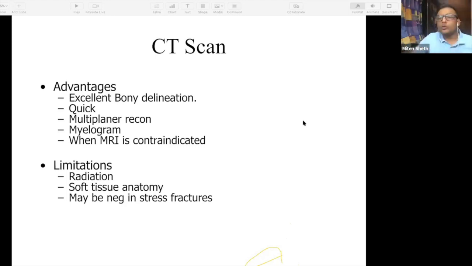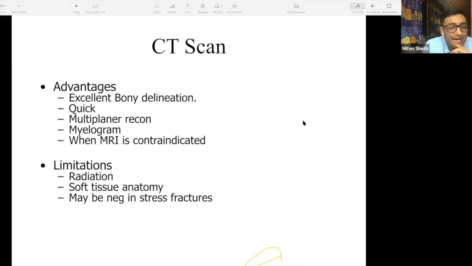For this to be seen on an X-ray, the disease should at least destroy 40 to 50% of the bone. Otherwise, you will not be able to see it on an X-ray, which means the X-ray will completely look normal, but the patient will have tuberculosis. That is basically what I mean by 40 to 50% bone loss, after which only you can see something on an X-ray.